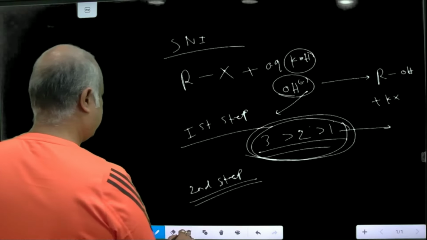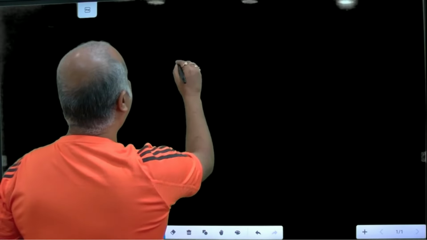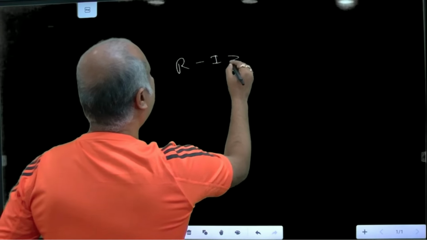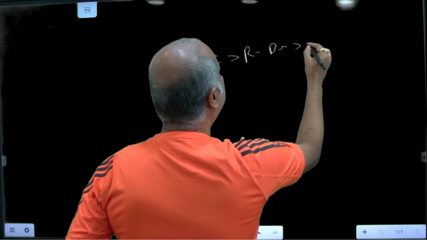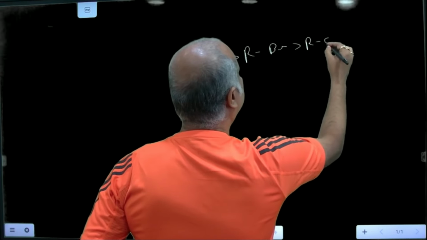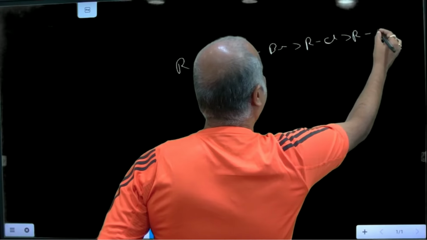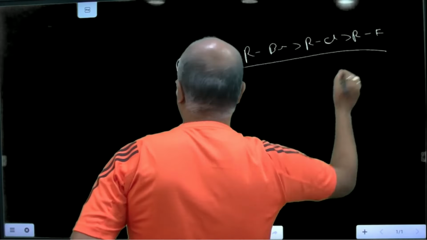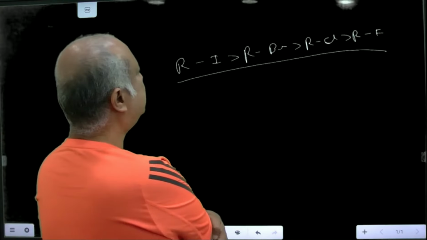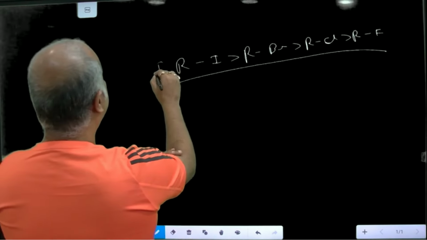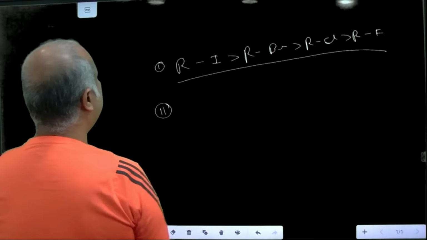Now the reactivity order of alkyl halide: RI greater than RBr, greater than RCl, greater than RF. That is one reactivity of alkyl halide. And there is another.